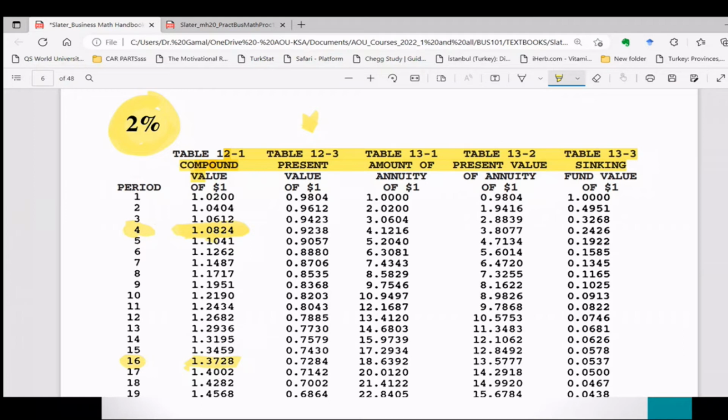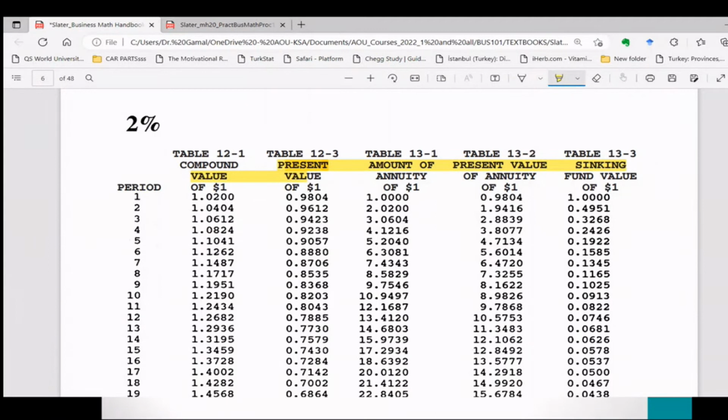Now we'll talk about the present value. Present value is the second column. How much do I want in my account? For example, I want 10,000 riyals in my account after 3 years in the bank, compounded annually, semi-annually, whatever. How much shall I deposit today?